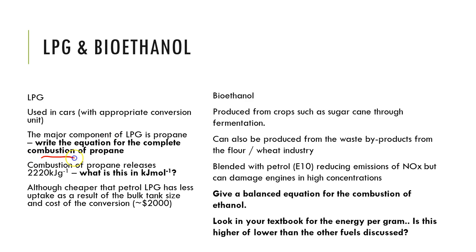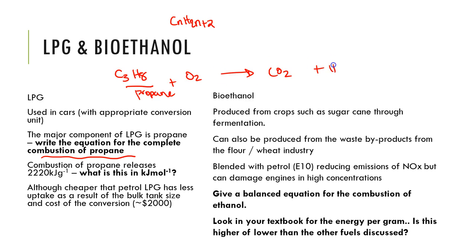I want you to, in your notes, write the complete combustion of propane, remembering this is prop, so 3 carbons, so C3. Ane, A-N-E, makes it an alkane, so it's going to be CnH2n+2, so that's going to be C3H8, which is your propane fuel, and then we're going to combust that with oxygen, producing CO2 and H2O.